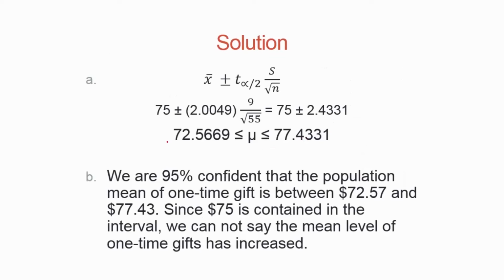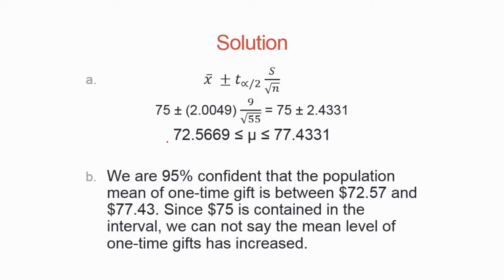We plug those numbers in, along with our critical value of t, 2.0049, and we solve and get 75 plus or minus 2.4331.